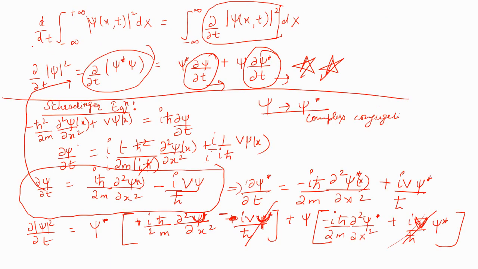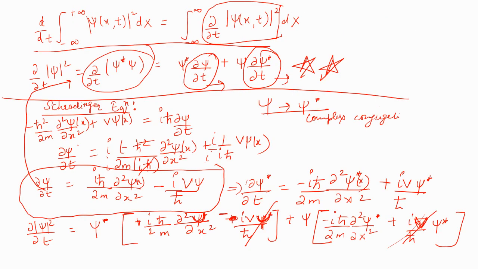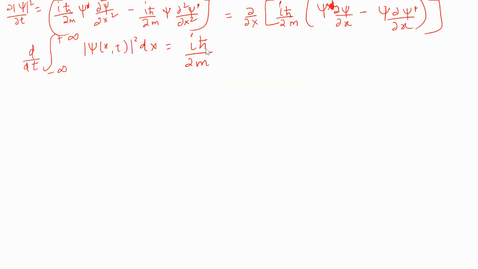Now put it here: d by dt of the integral of psi star psi dx is equal to iota h cross upon 2m, because we have found the value of d by dt of psi star psi, and it is integral of d by dx of psi star del psi by del x minus psi del psi star by del x.